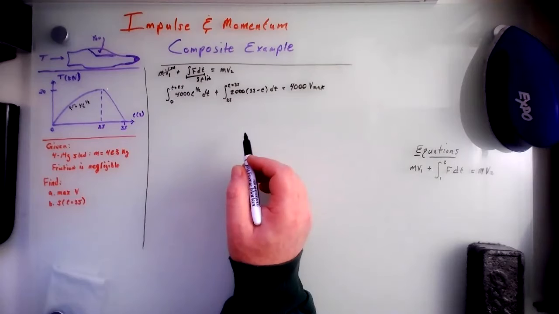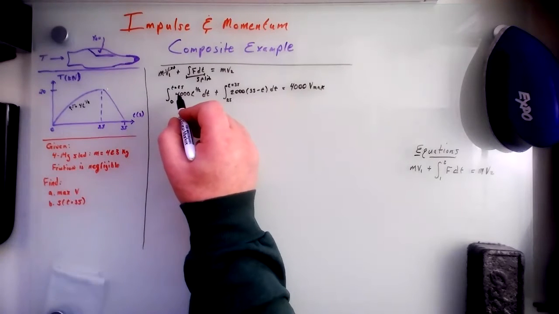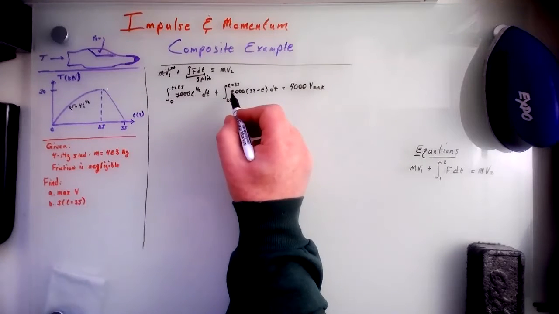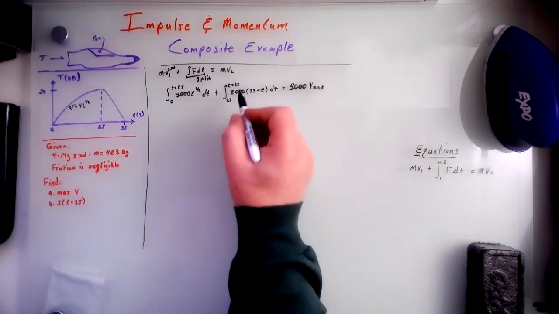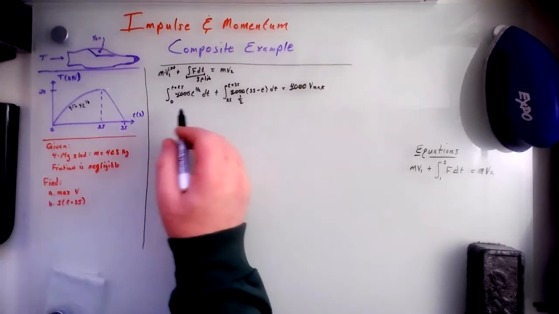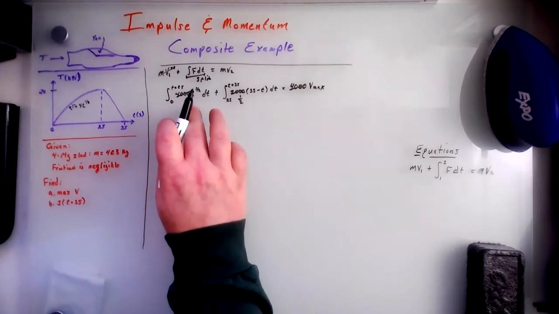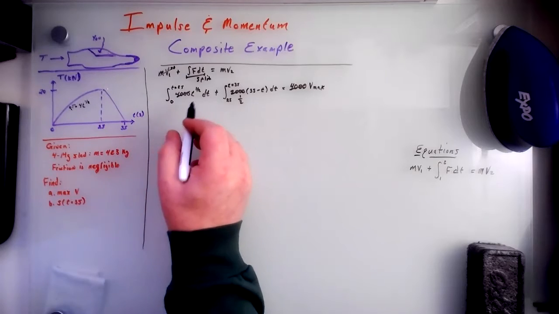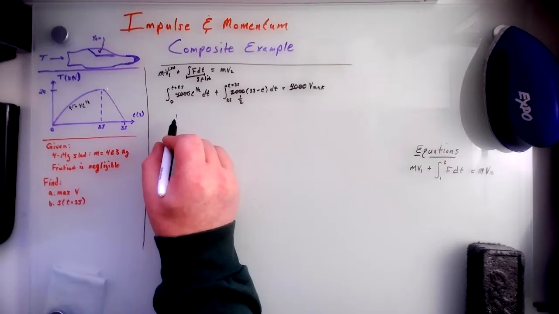Well, that's handy, we can reduce this. These 4,000s drop out, and this becomes 1/2.